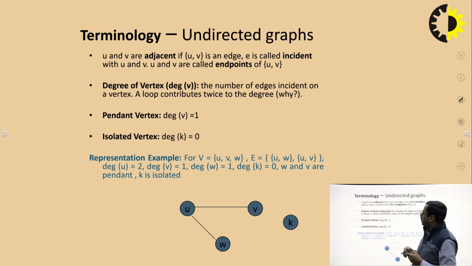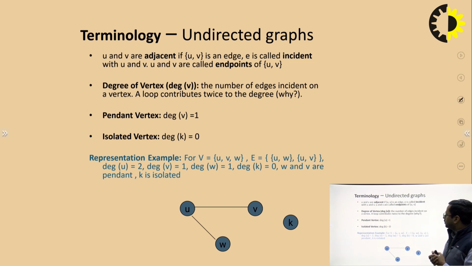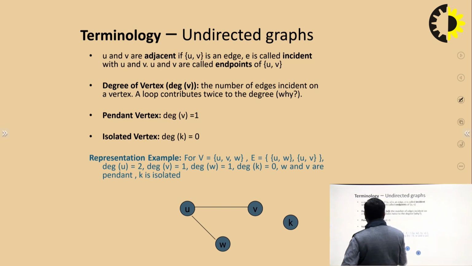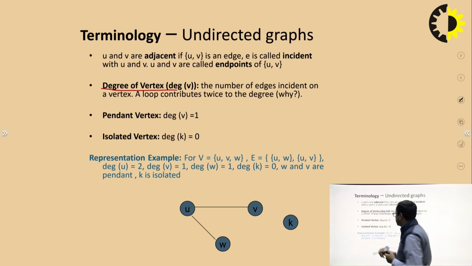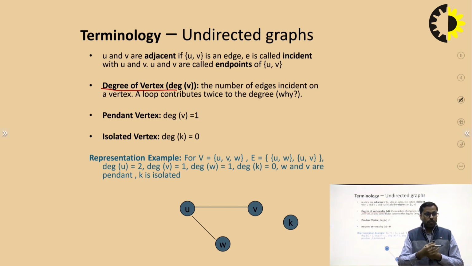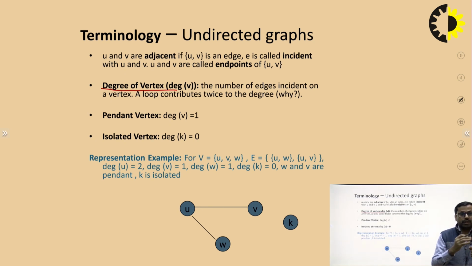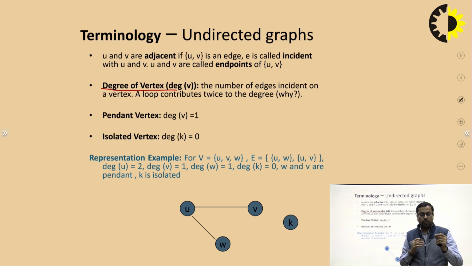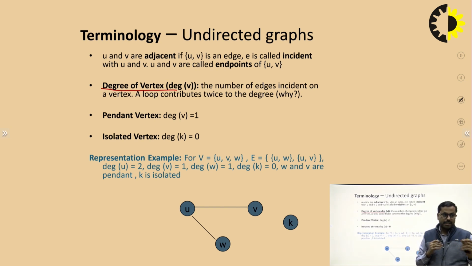The other terminology used in the undirected graph is: what is the degree of a vertex? It is a very important point. The degree of a vertex is the number of edges associated with that particular vertex.